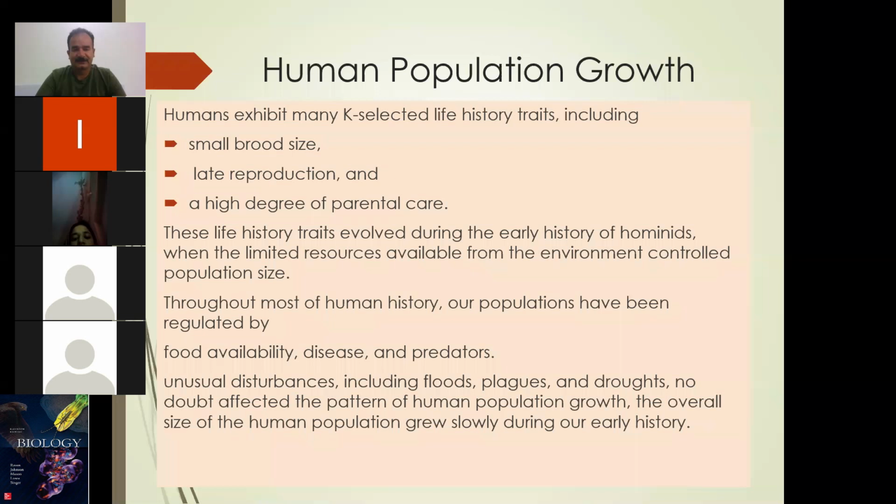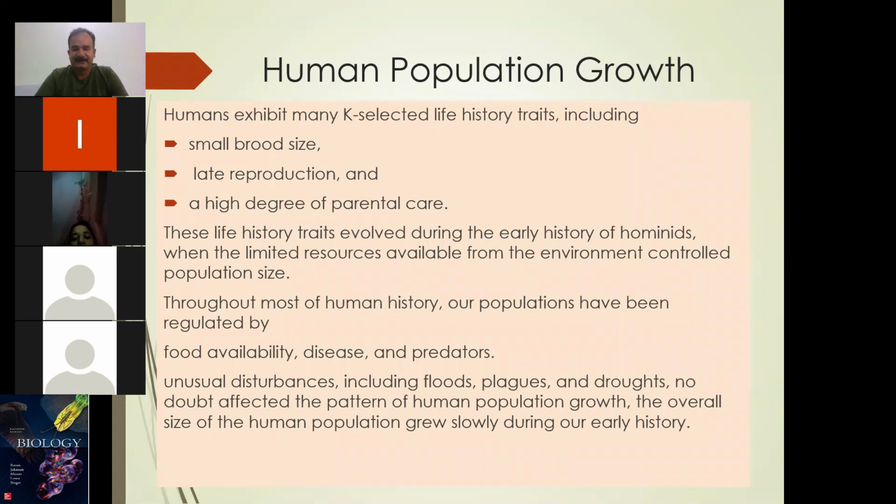Late reproduction, normally married after the age of 20, and a high degree of parental care. Human young ones are quite helpless at the time of birth. Gradually, parents protect them, feed them, educate them, provide medicine, and ultimately help them to establish within the community.